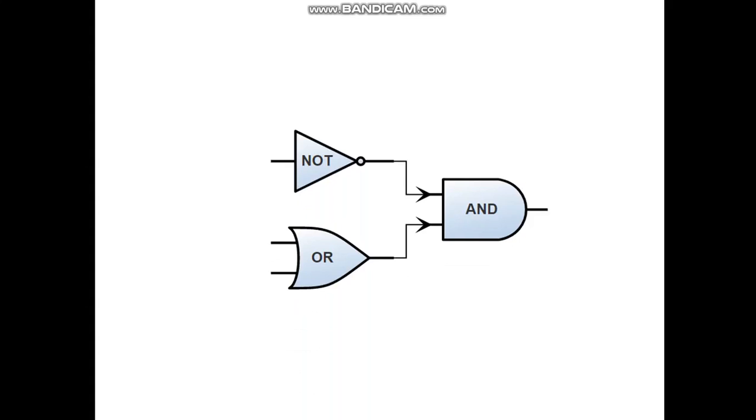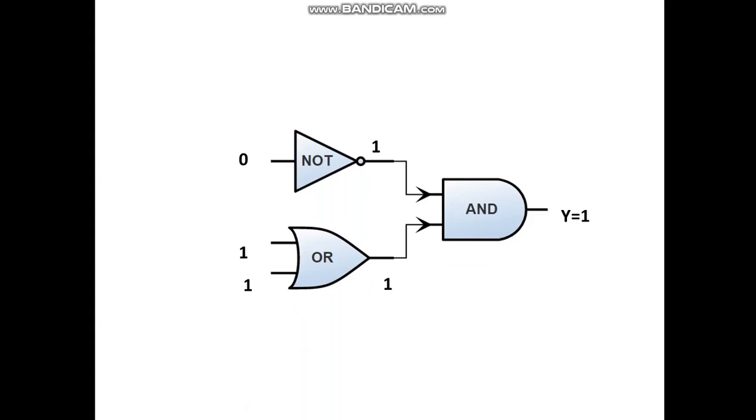So if I give 0 input to the NOT gate and 1 to the OR gate, the output of the NOT gate is 1 and the output of the OR gate is 1. Then the inputs to the AND gate are 1, so the output will be 1. Here I have taken the output variable as y.